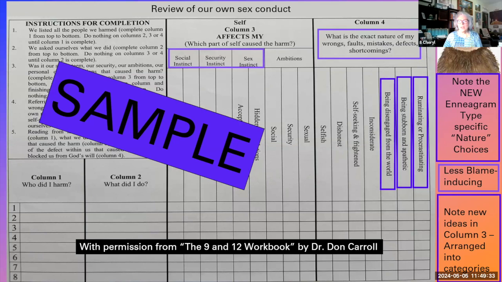Basically the point of step 4 is for us to come up with the nature of our defects, mistakes, shortcomings, because there will be a nature of it. And almost always that ties back to the instinct. That's what will happen. It will tie back to that instinct. So that's what specifically we're talking about. Next week, when we talk about step 5, I'll go into more detail on that, because then we're actually sharing the nature of it.